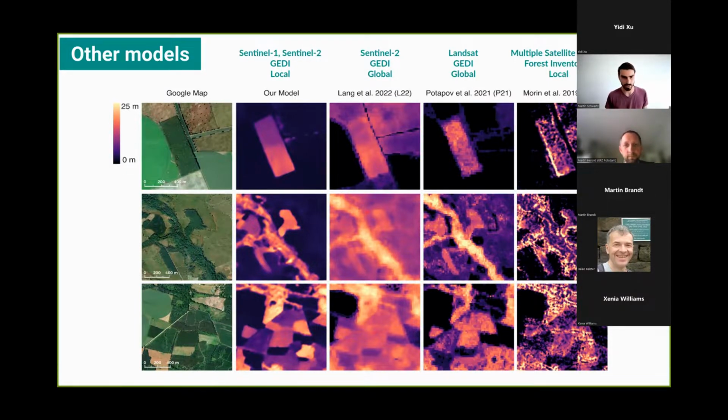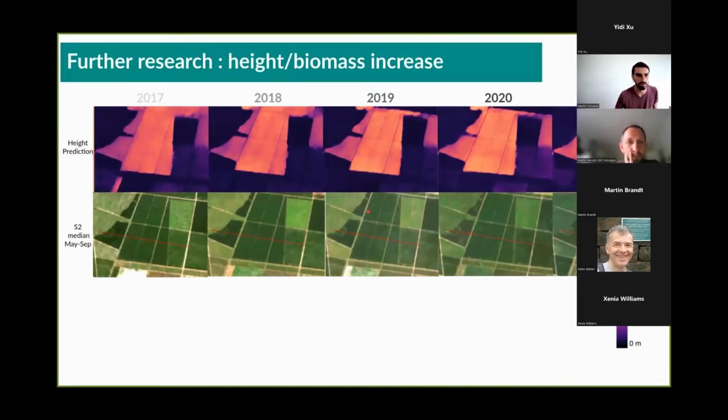And so finally, I wanted to show some further work that we're working on. So we wanted to look at time series, and so we applied this model to a time series of Sentinel-2 images, so between this state and this state. And what we can see is that the prediction here, when it's brighter, the trees are higher.